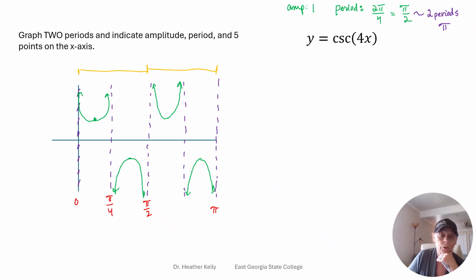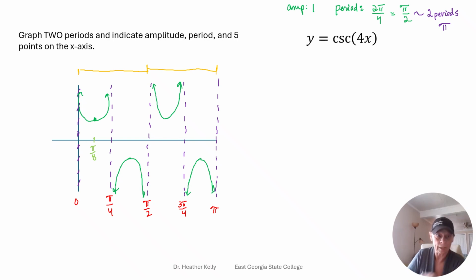If that's pi over 2 and that's pi, this is 3 pi over 4. And then let's find these middle values just for giggles here, like this one right here. That's pi over 8. And remember how we did it with the sines.